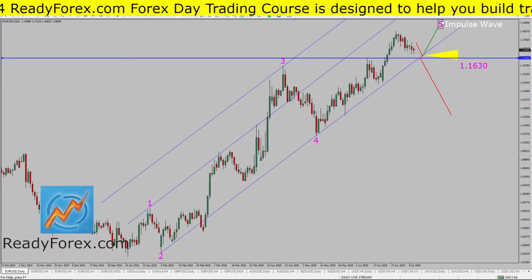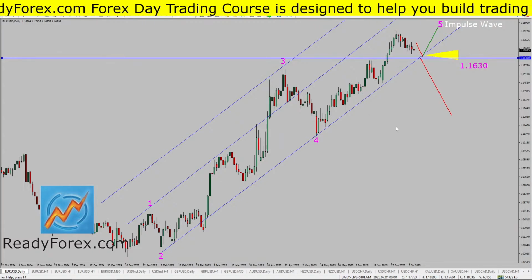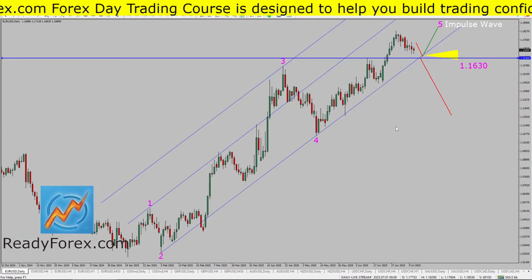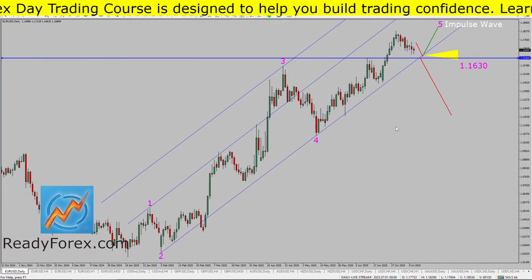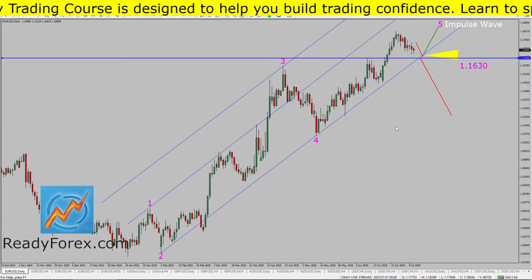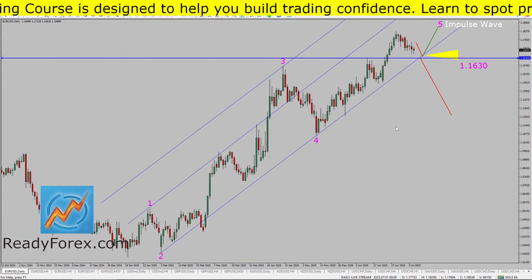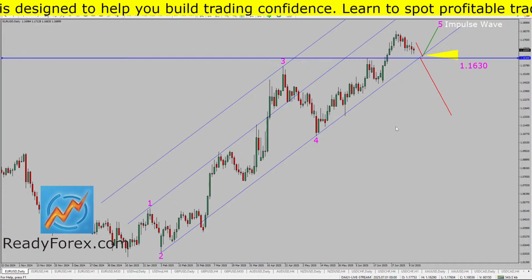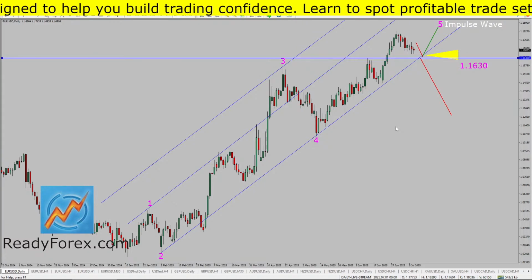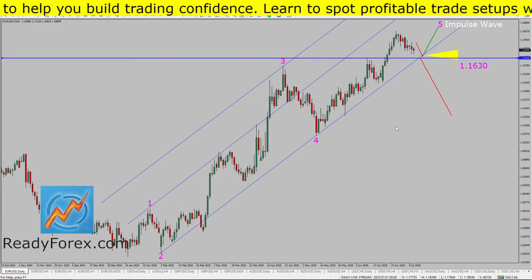But you need to always keep in mind the alternative Elliott wave count, also known as plan B. What if the plan fails, then what would you do? So you need to have a preferred Elliott wave count and an alternative Elliott wave count.